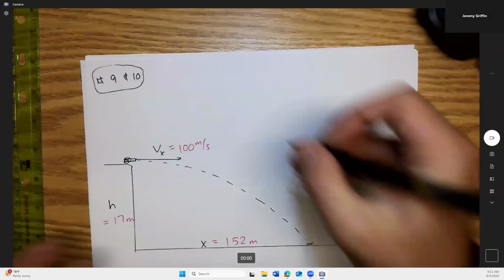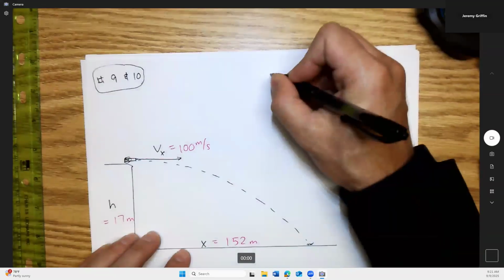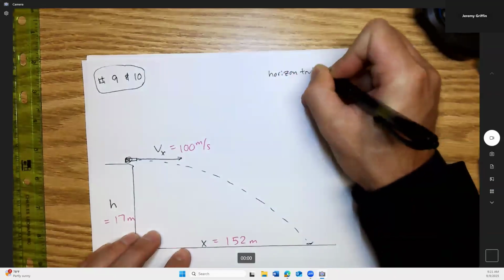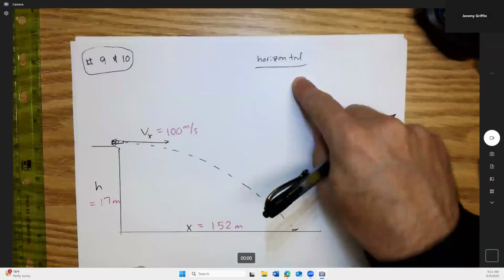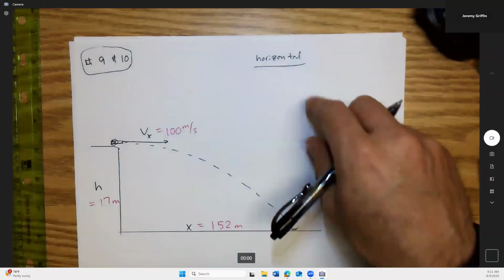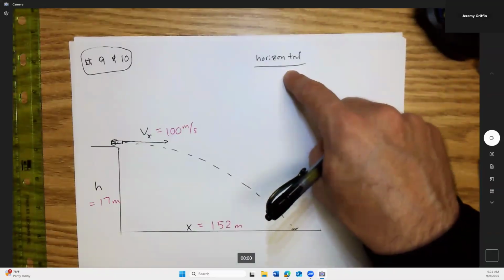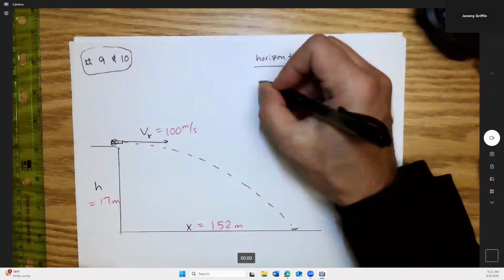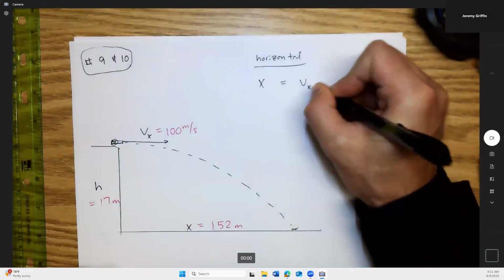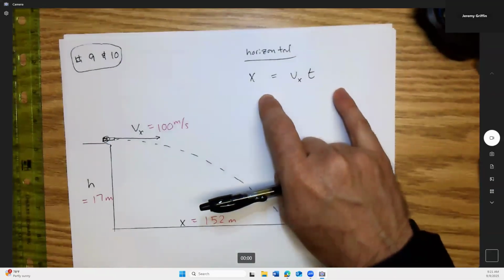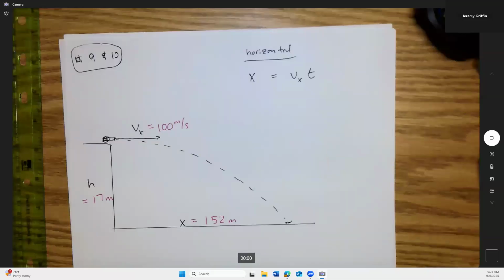So I'm going to start with horizontal information. And if you're writing your notes, say if you're studying for the midterm or in December, start with the horizontal. I can say x equals v sub x times t. Isn't that the only formula you need for projectiles in the horizontal direction? Yeah, because there's no acceleration horizontally.